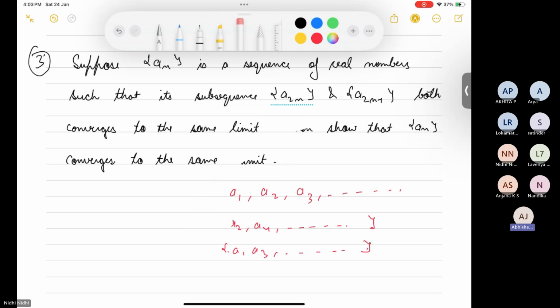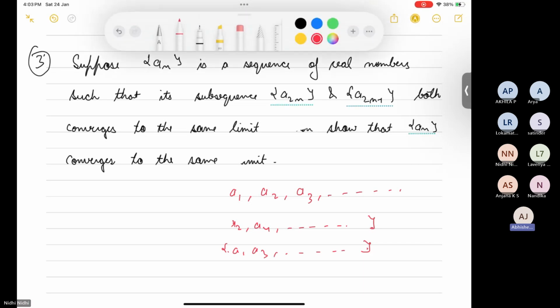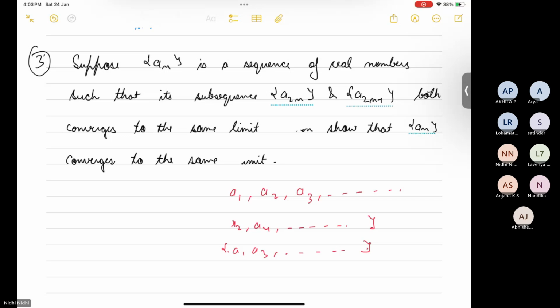Ma'am, there can be many subsequences possible for a given sequence. Yes, and all subsequences would converge to the limit of an, provided the sequence is convergent. If the main sequence is convergent, then all its subsequences will converge to the same limit.